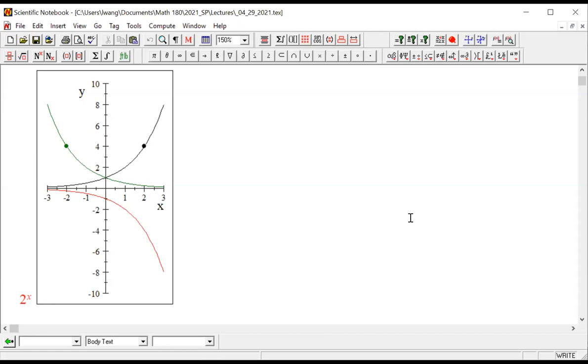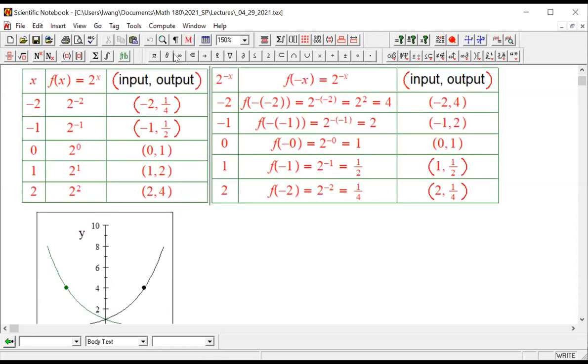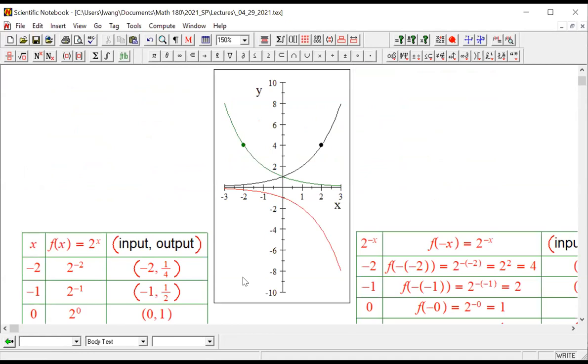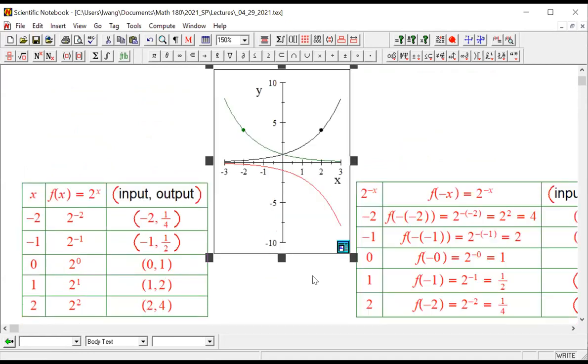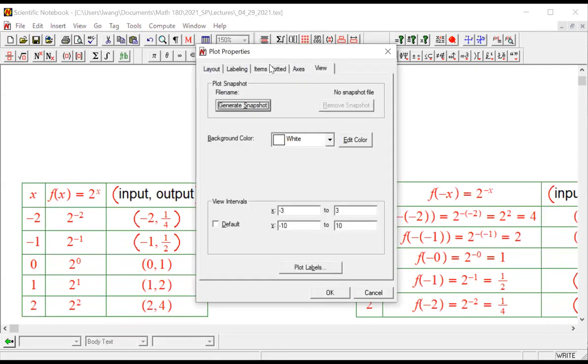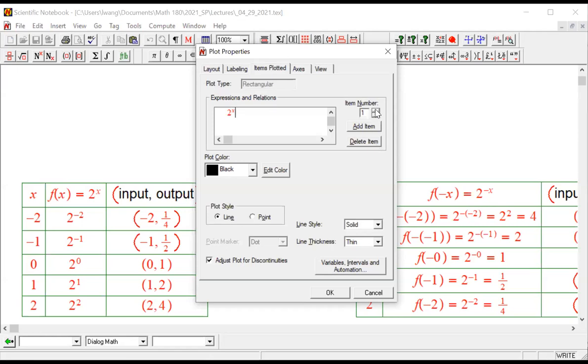What I'm going to do is make it easier for you to do the graph. I'm going to put the picture right in the middle. I'll remove this other picture, and delete some stuff.